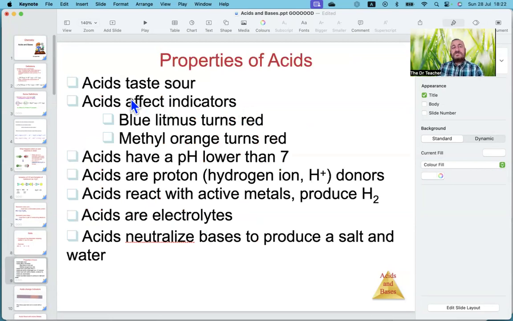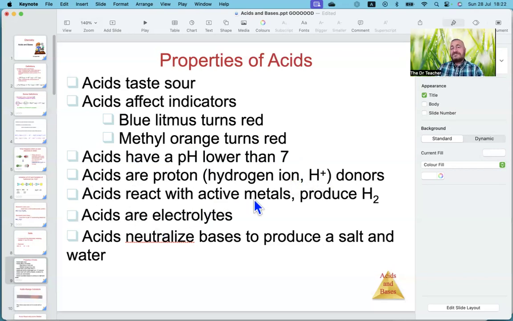Properties of acids. Acids taste sour. They turn blue litmus paper red, and methyl orange turns red. So that's because of the acid. Acids have a pH lower than 7 on the pH scale, and acids are proton, hydrogen ion donors.